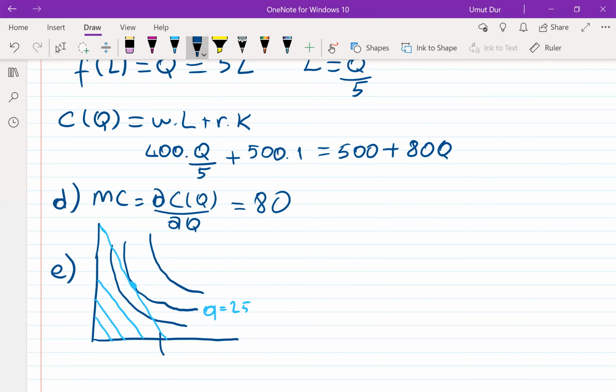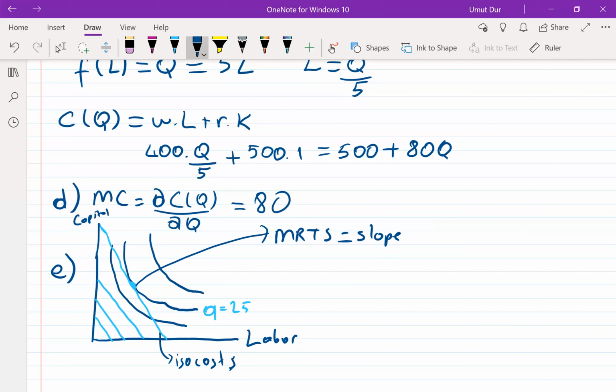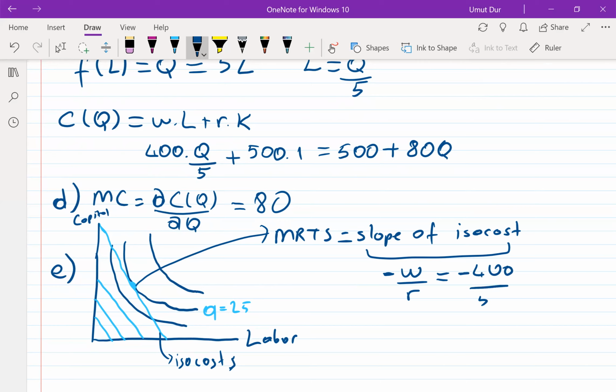So these light blue lines are the isocosts, and here what we know is that MRTS is equal to the slope of the isocost, and the slope of the isocost is basically minus W over R, which will be minus 400 over 500, which is minus 4 over 5.